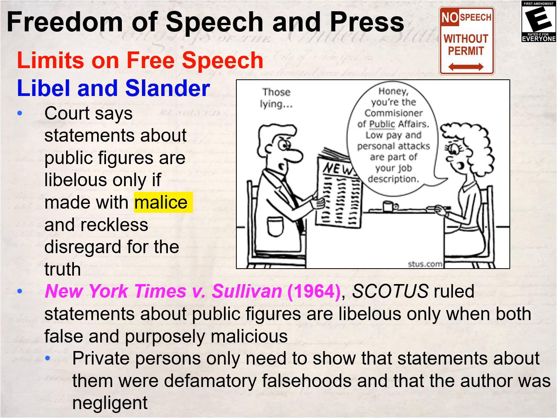This is tough because the burden of proof is on the plaintiff. They have to prove that you knew it was false and you printed it anyway, hoping that it would hurt their character. And you can say, oh, well, a reporter told me this, or a source told me this. So proving actual malice is really tough.